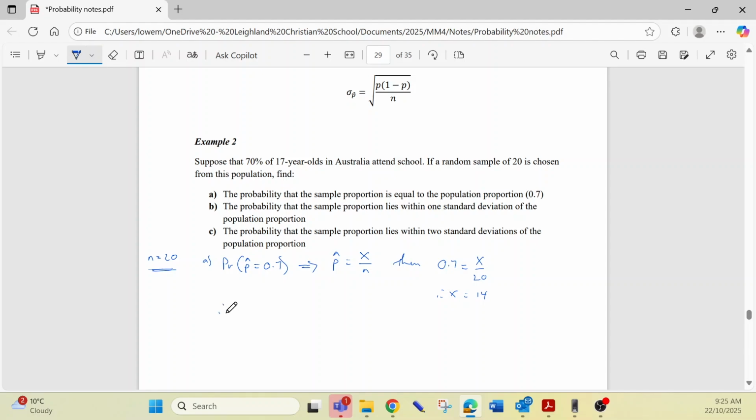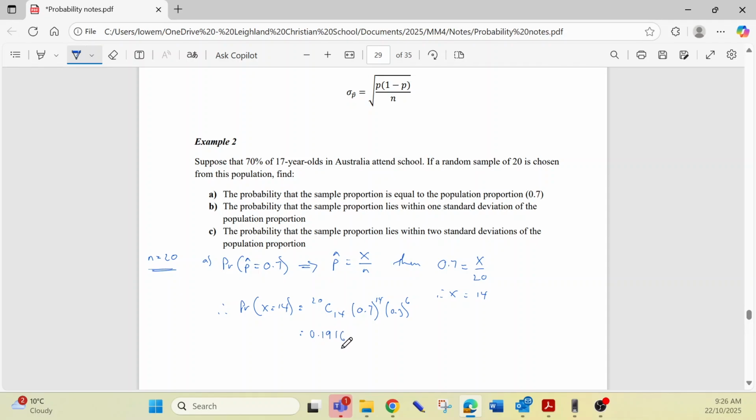So what we can do is use our binomial distribution formula: 20 choose 14 times 0.7 to the power of 14 times 0.3 to the power of 6, which gives us a value of 0.1916.